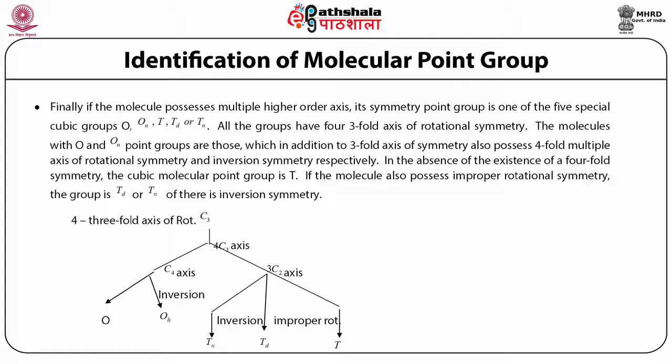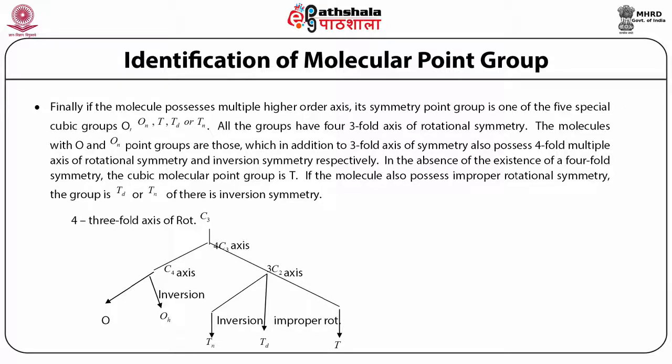If there is no fourfold symmetry, then it belongs to the tetrahedral groups, which could be T, Td or Th.